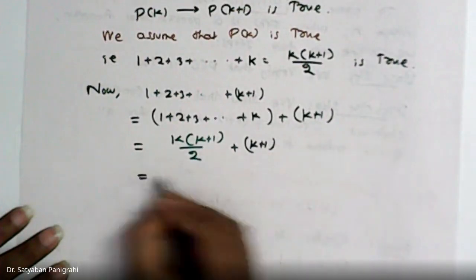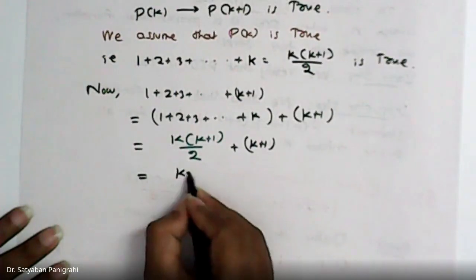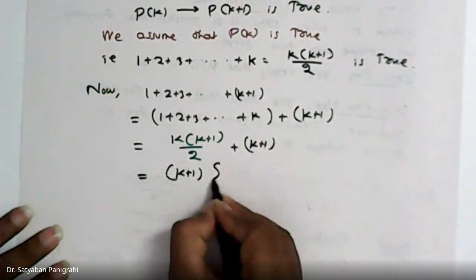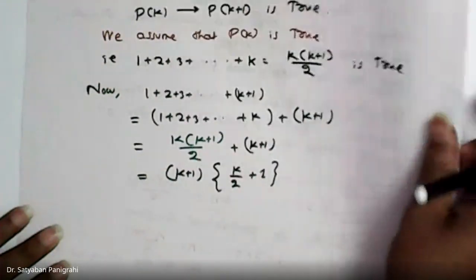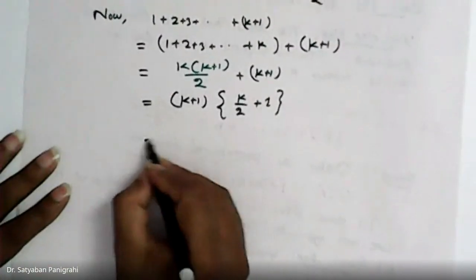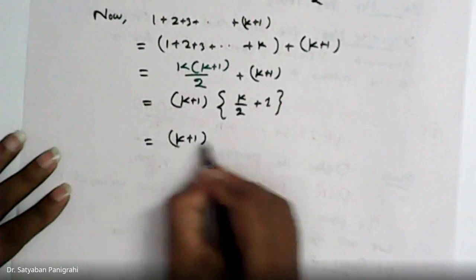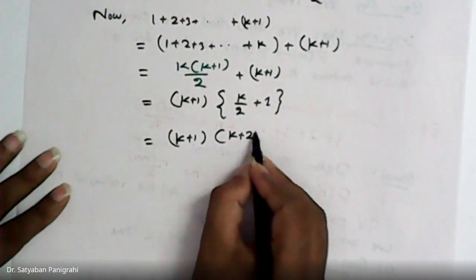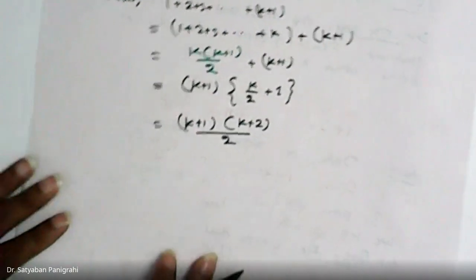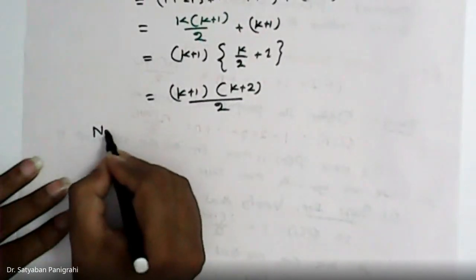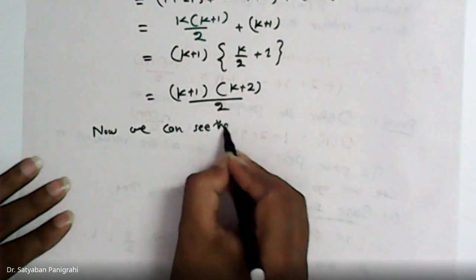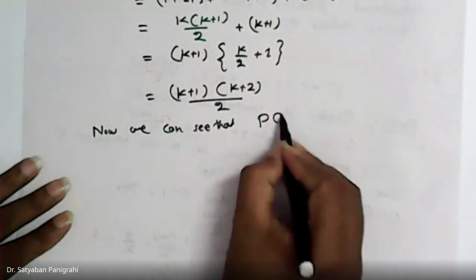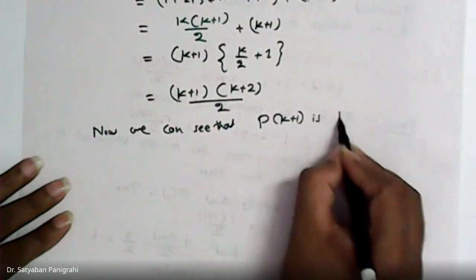Now from here, a little bit of simplification, you can take k plus 1 outside common. So we have k divided by 2 plus 1, or this gives k plus 1 into k plus 2 divided by 2.